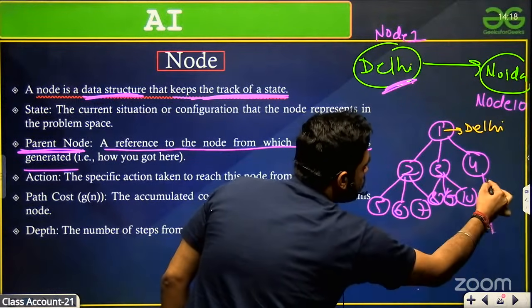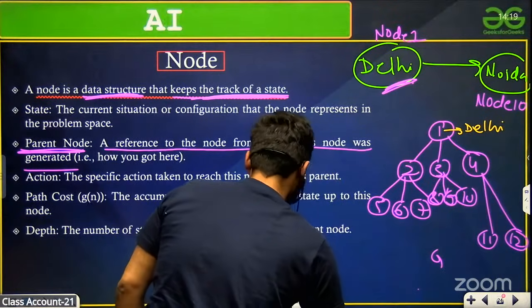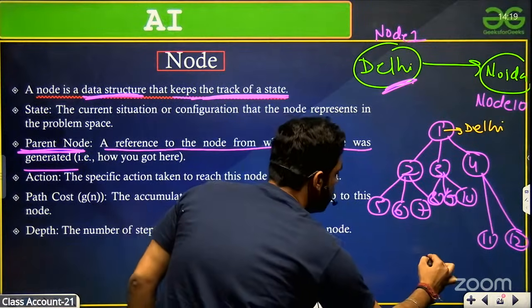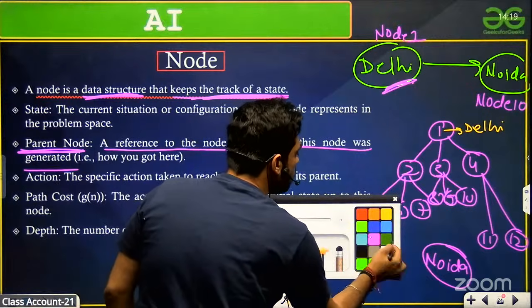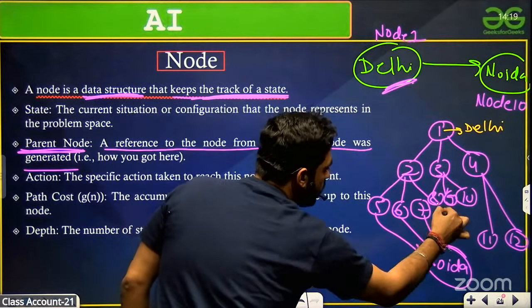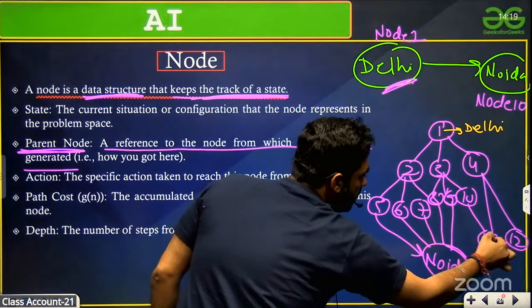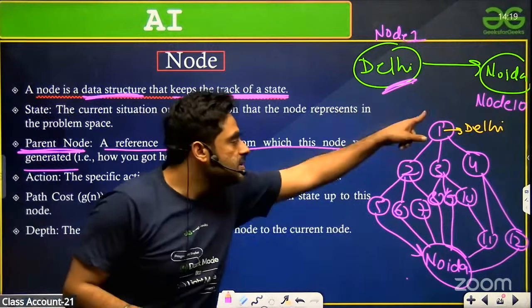Node 4 has only 2 nodes, 11 and 12, and this is my goal node, that is Noida. So I can travel from 5 to 6, 6 to Noida, 7 to Noida, 8 to Noida, then 10 to 11, 11 to Noida, and 12 to Noida. Okay, so this is the state space.